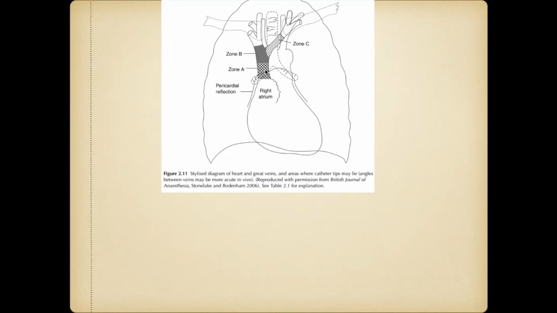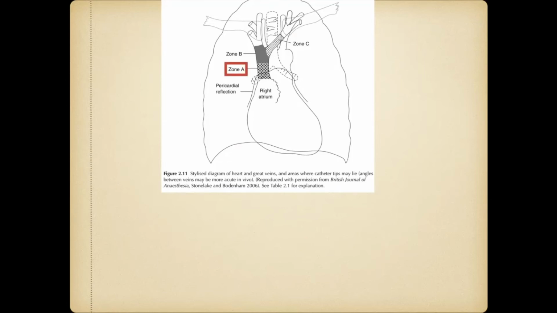So again, that will prevent damage to the venous wall. If it is in zone C, then there is a risk that the medication that we serve is directly hitting the wall instead of entering the vessel.